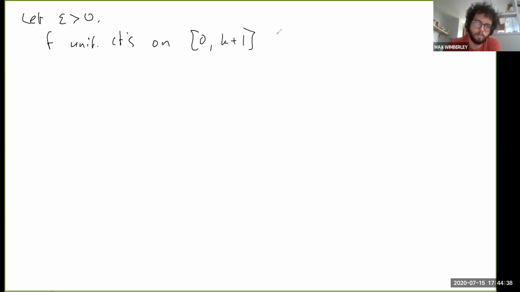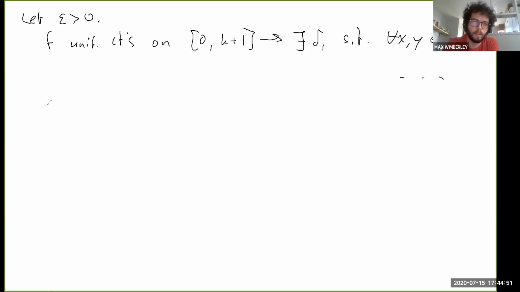So let epsilon be greater than 0. f is uniformly continuous on [0, k+1] means there exists a delta 1 such that for all x, y in [0, k+1], yada, yada.